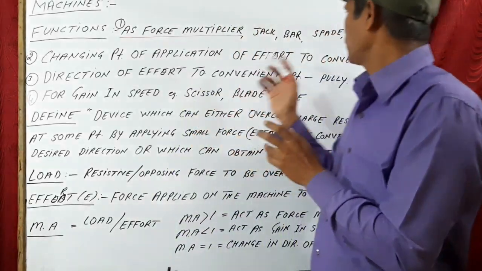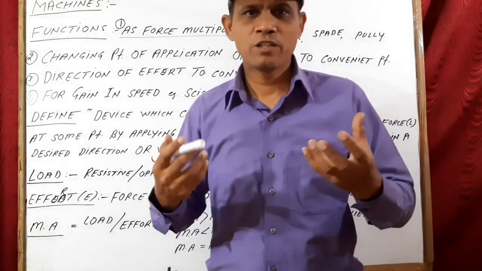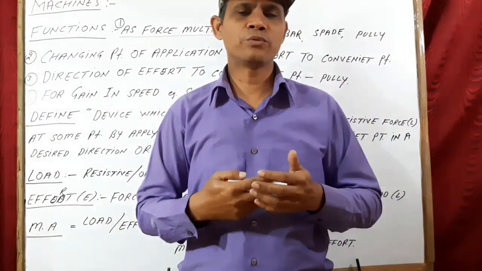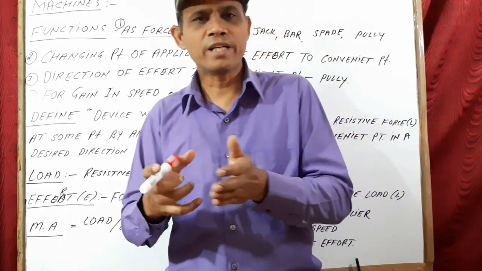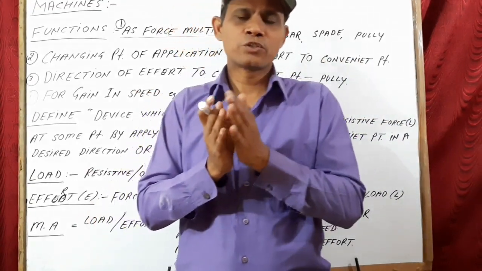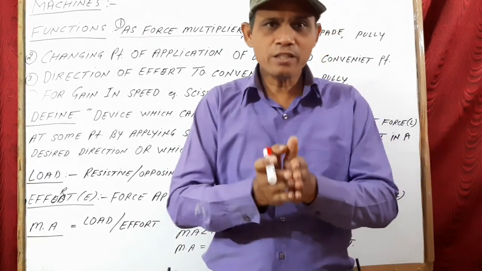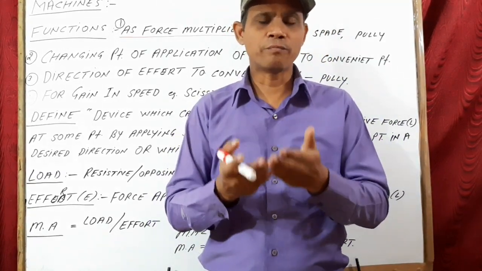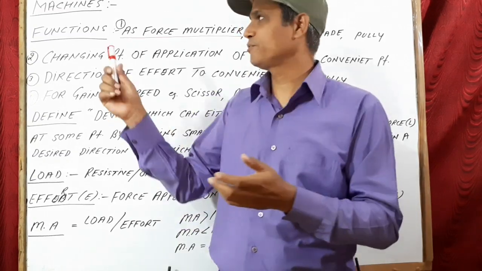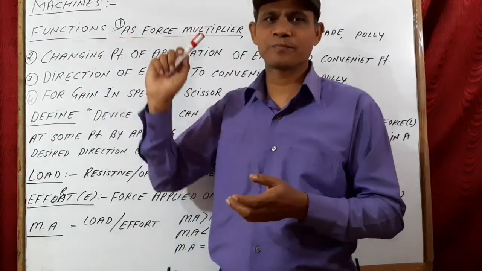And the last example of this is a pulley. With the help of a pulley, you can lift a very heavy load by applying very little effort. So a machine can act as a force multiplier. This is the first function of a machine.